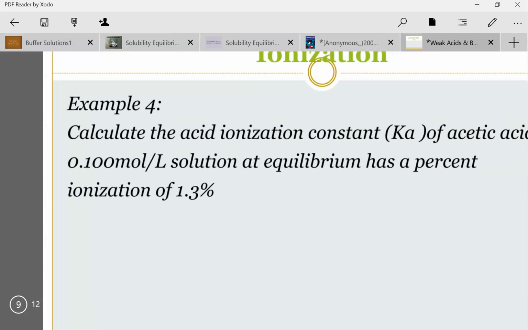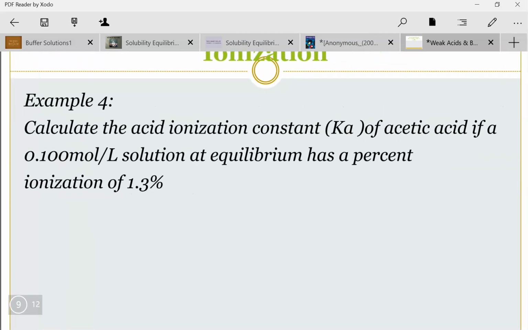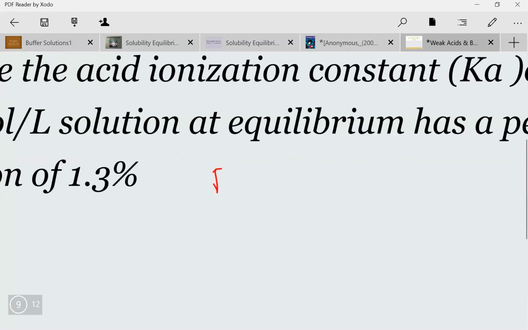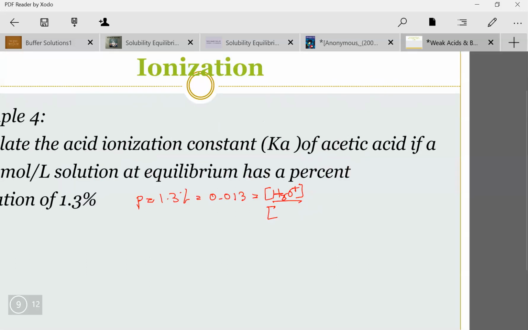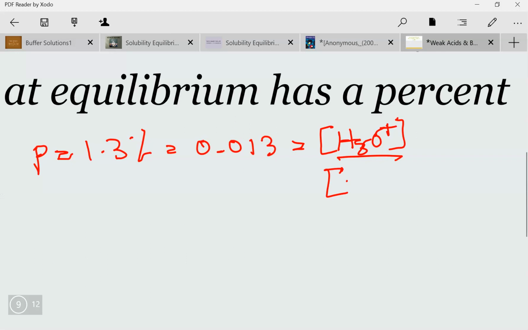So I'll do it the long way first. If we have a percent ionization of 1.3%, which is 0.013, this is equal to H3O plus divided by the initial concentration of acid, 0.1.